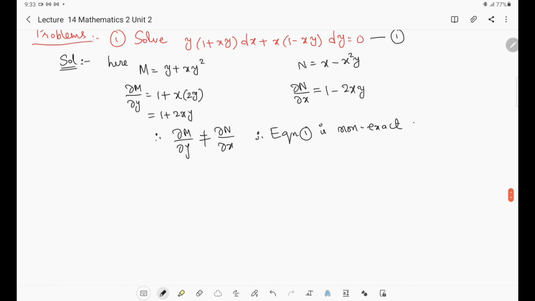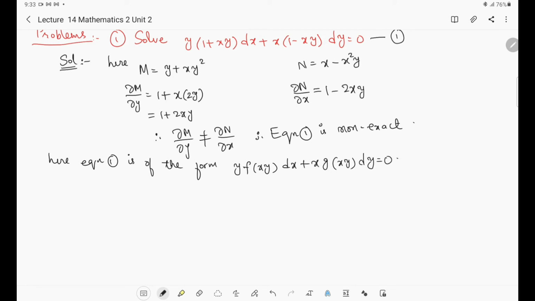So here equation 1 is of the form y into a function of xy dx plus x into some function of xy dy equals 0.